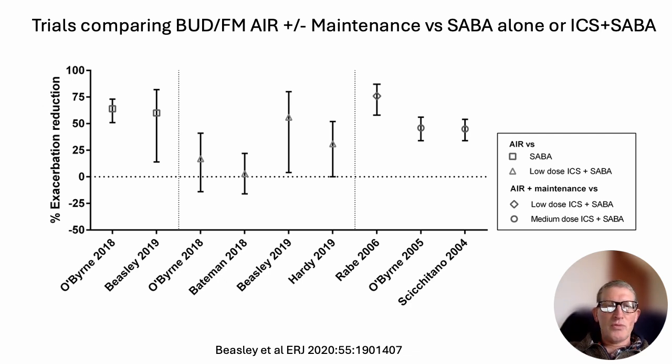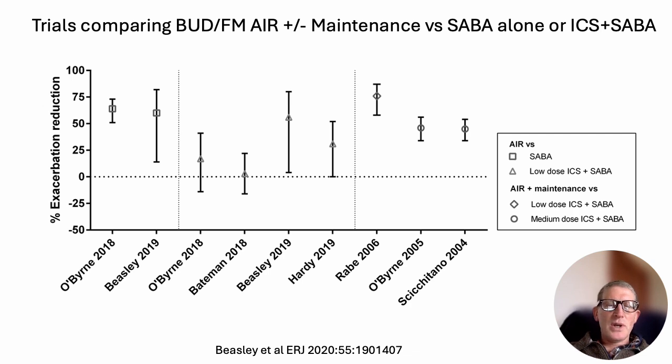And then if we move to the right of the interrupted line, here we're looking at AIR plus maintenance versus low-dose inhaled steroid with SABA as two separate inhalers, which are the diamonds, and the circles are compared to using medium-dose ICS with SABA.